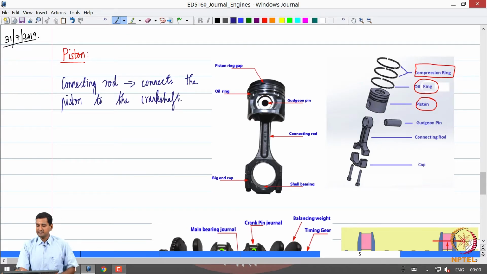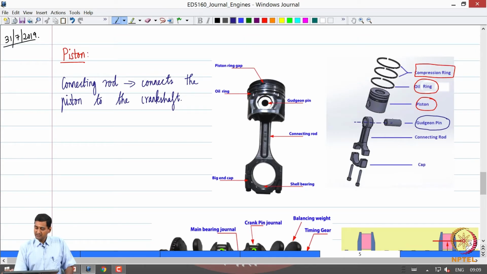The connecting rod is fitted to the piston body through what is called a gudgeon pin. This is a pin which connects the connecting rod to the piston. You insert the connecting rod and then align the holes on the piston body and the connecting rod, and this pin is just fit inside and held by clips. That is how the connecting rod is fixed to the piston.